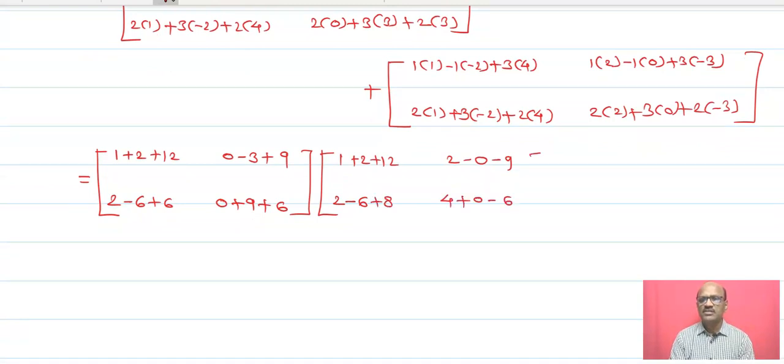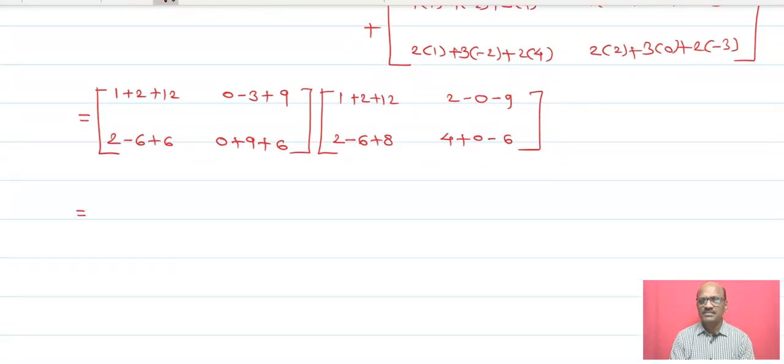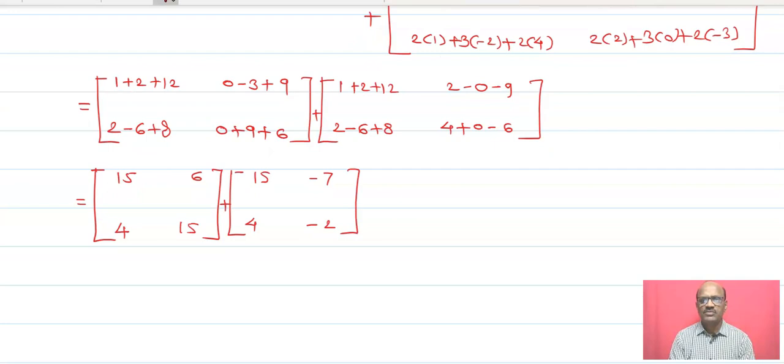Multiplication given in the second bracket. Now we add this. First is 15, and the next, this is the addition of these two matrices: 15, minus 7, 4, minus 2.